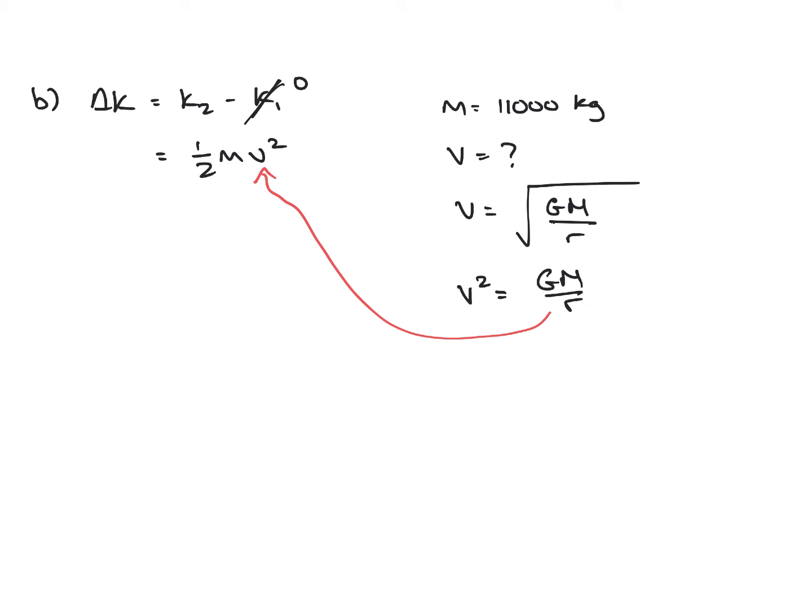So it's going to be 1/2 times the mass of the satellite times GM over r.